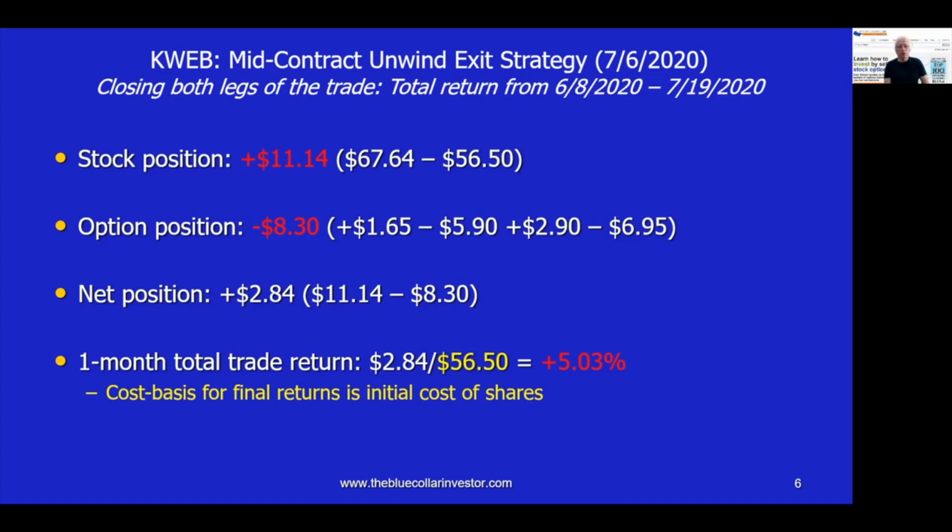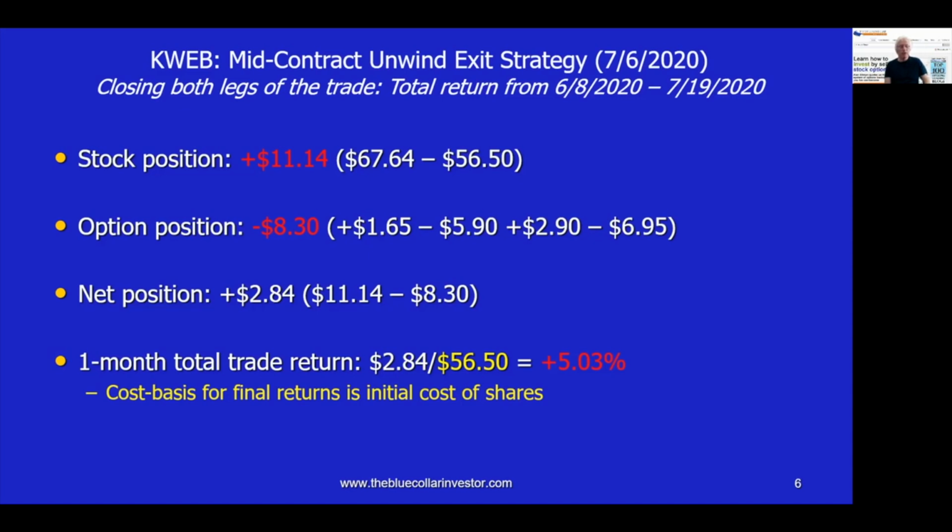We sold the initial call 56 at $1.65. We bought it back at $5.90. We resold the 61 at $2.90, and we bought it back at $6.95. Now the net position then, if we take the $11.14 credit and deduct the $8.30 debit, we end up with a $2.84 per share credit.